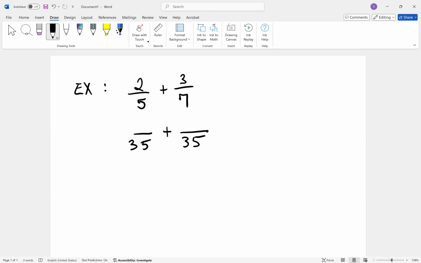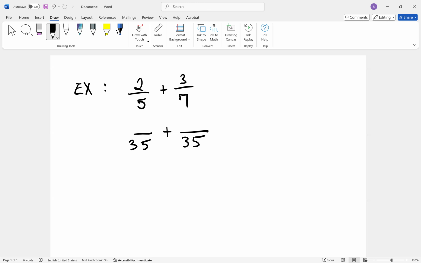So we can't just rewrite two new denominators without making the numerators proportional or equivalent, right? So we need to rewrite a fraction here that's the same thing as 2/5, and this fraction here has to have the same value as 3/7.